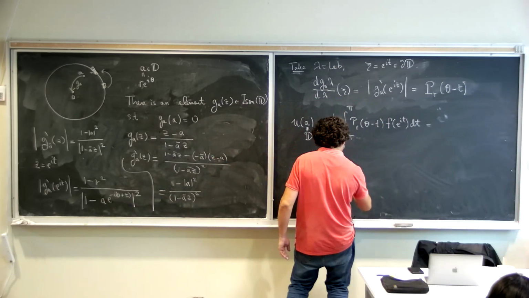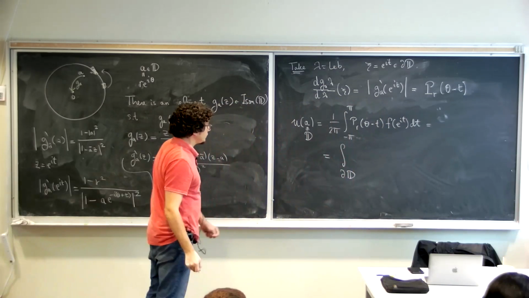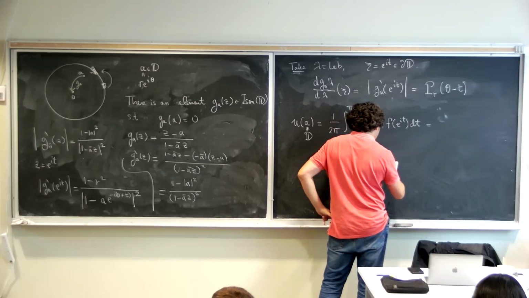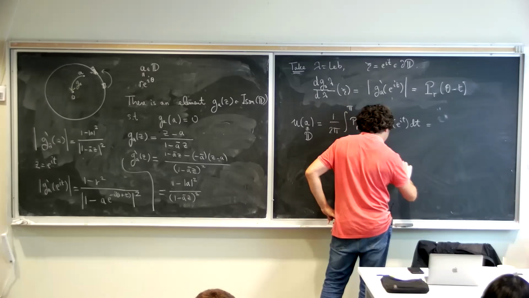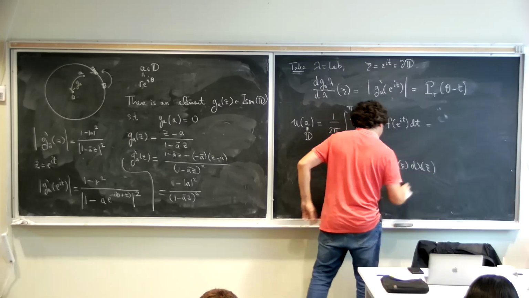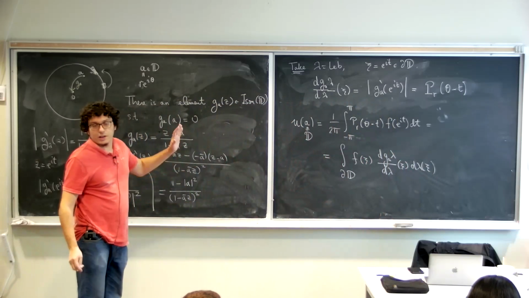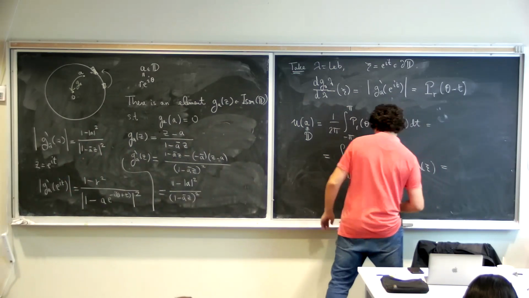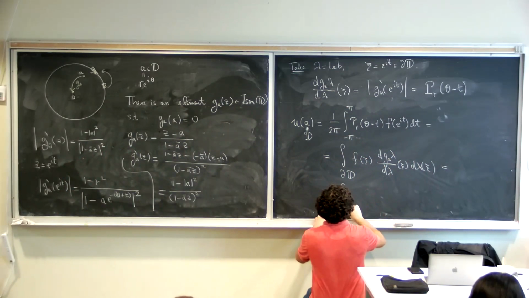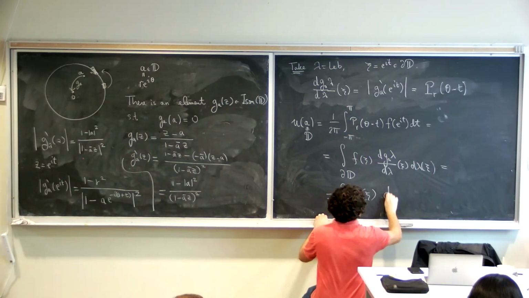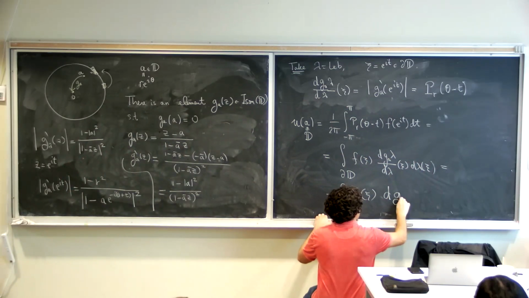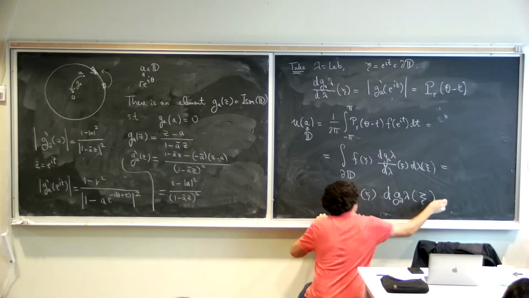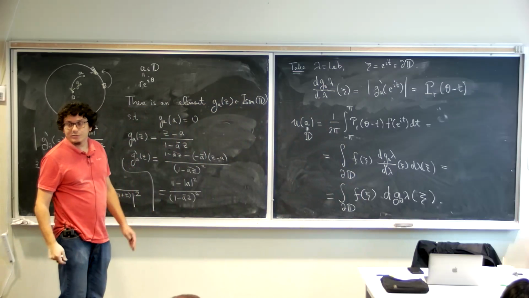So this is the integral over the circle of f of psi times d(g_A lambda)/d lambda of psi d lambda of psi. Let's take normalized Lebesgue measure. And so in the end, this is just the integral of f of psi with respect to this push forward measure, g_A lambda. So the formula is much simpler.